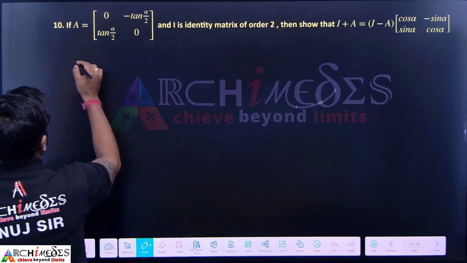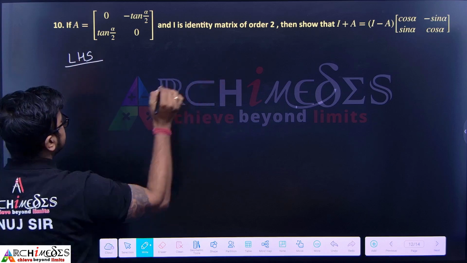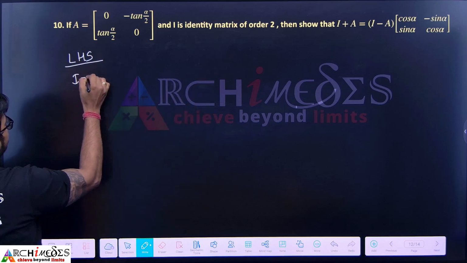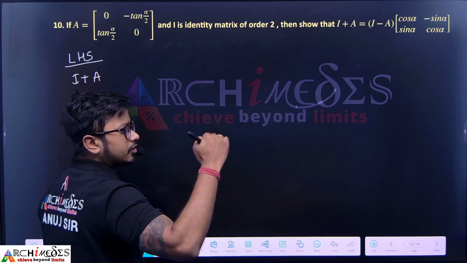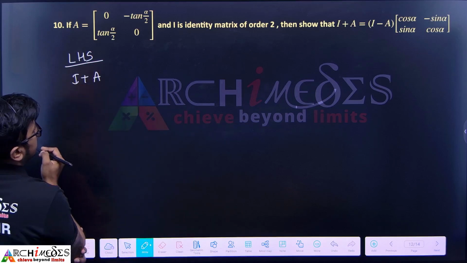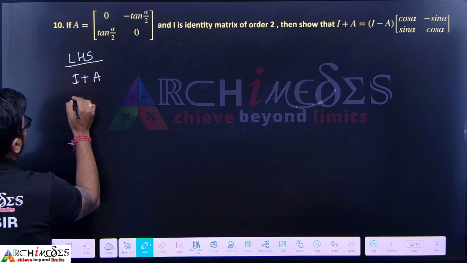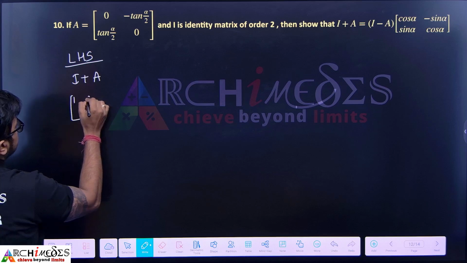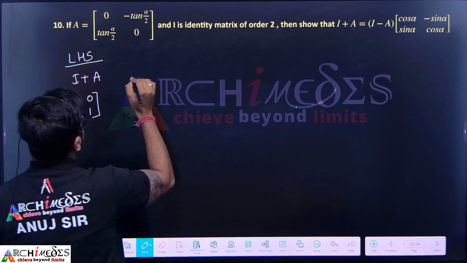Now here I am solving the LHS. So the LHS is I plus A. Everyone, please don't write, please concentrate over here. For simplicity, I is [[1, 0], [0, 1]].